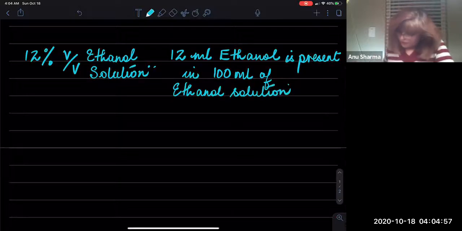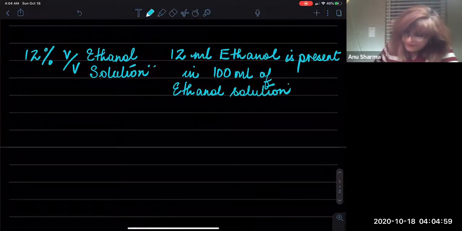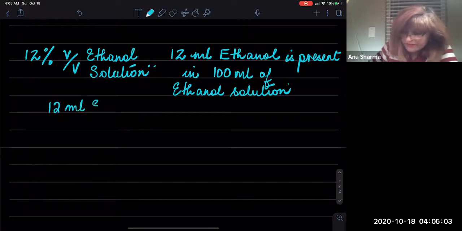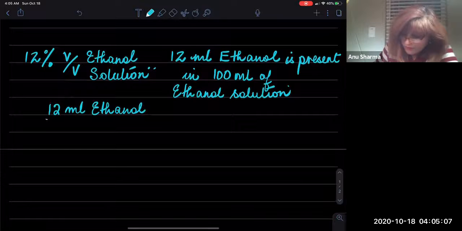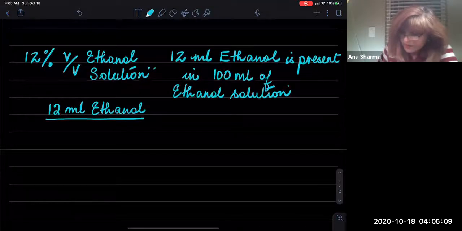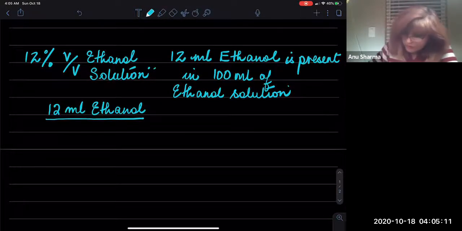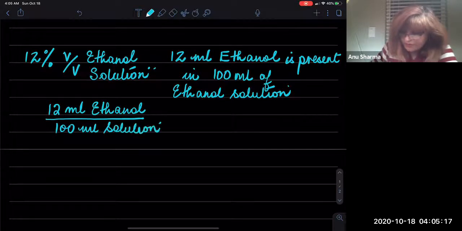Okay, so this also means, if we can write the conversion factor, this means 12 milliliters of ethanol over 100 milliliters of solution. These are the conversion factors.